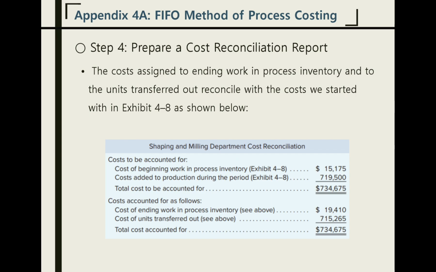Then the last step is to prepare a cost reconciliation report. The cost assigned to ending work in process inventory and to the units transferred out reconcile with the cost we started with in exhibit 4-A.